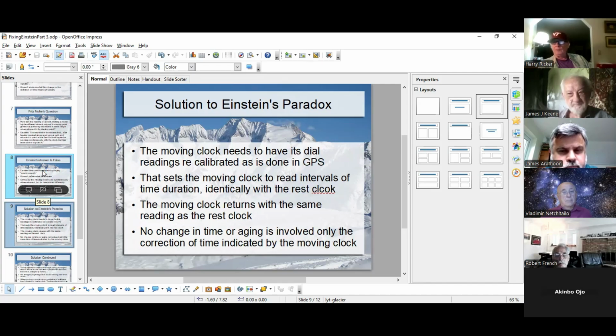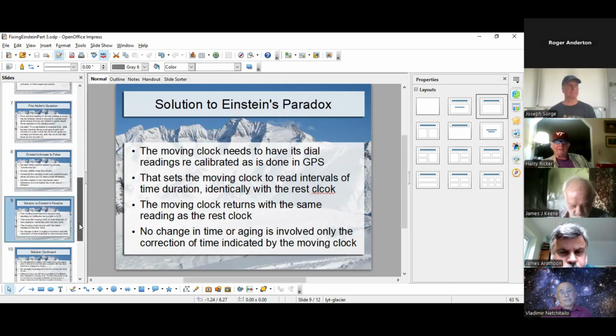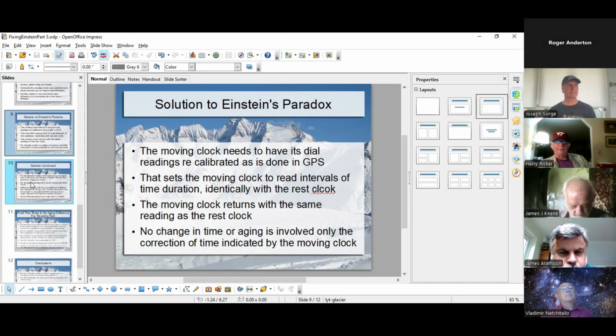It's just a difference in what the clock measures. So if we take that into account, the time interval for the moving clock is basically the same as occurs for the rest clock. There's no change in time. There's only a change in what the clock indicates.